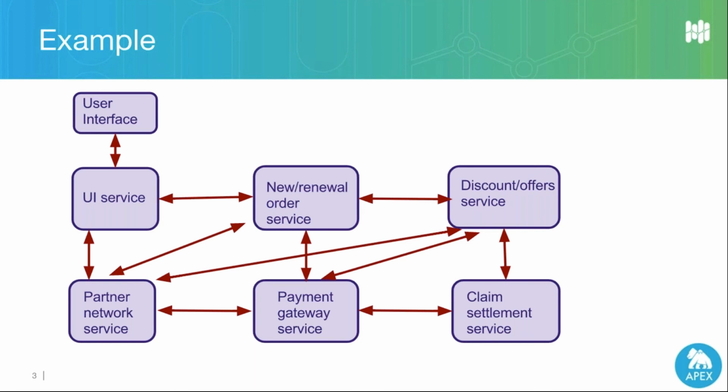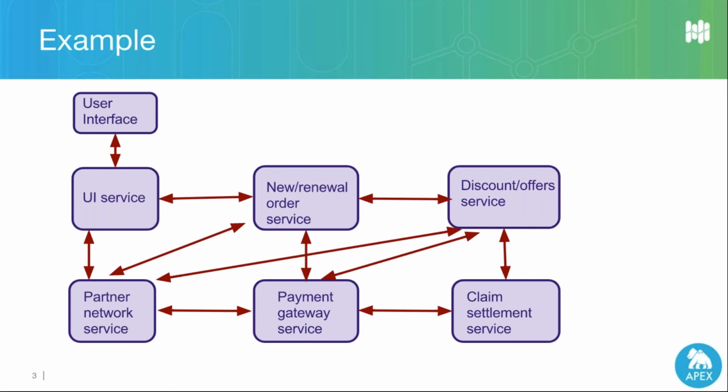So let's take a sample example. This is a use case from the insurance domain, just for illustration. Whatever arrows you can see, you might have more dependencies, or you might say that some arrows are redundant, depending on your own views.